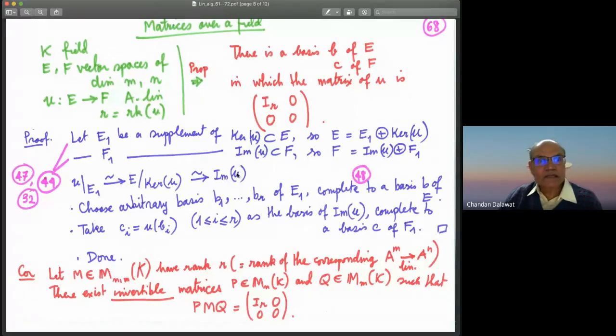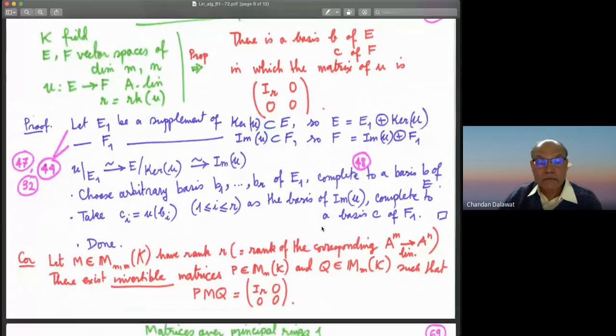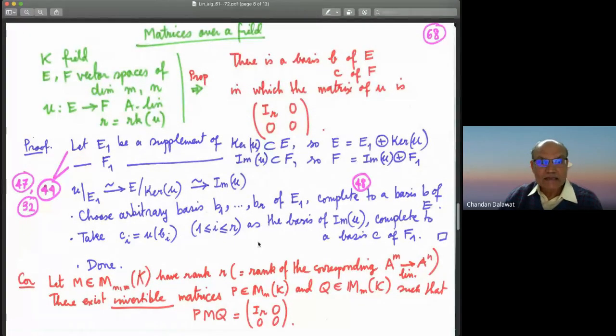This isomorphism will take it to a basis here. So this C1 to CR is a basis of the image of U, and it too can be completed to a basis C of F. That's it.